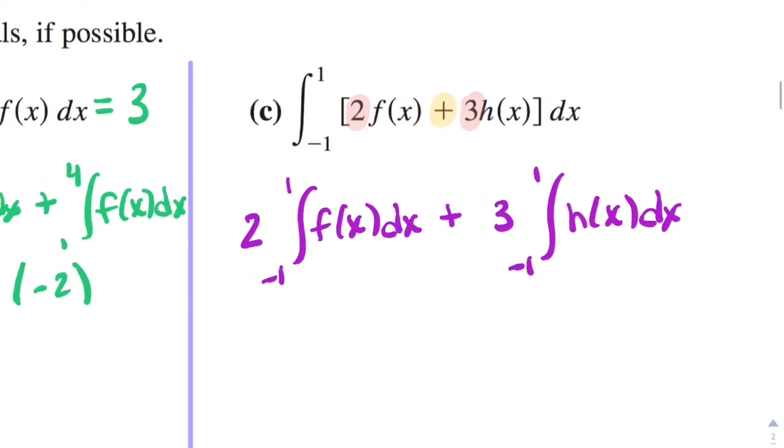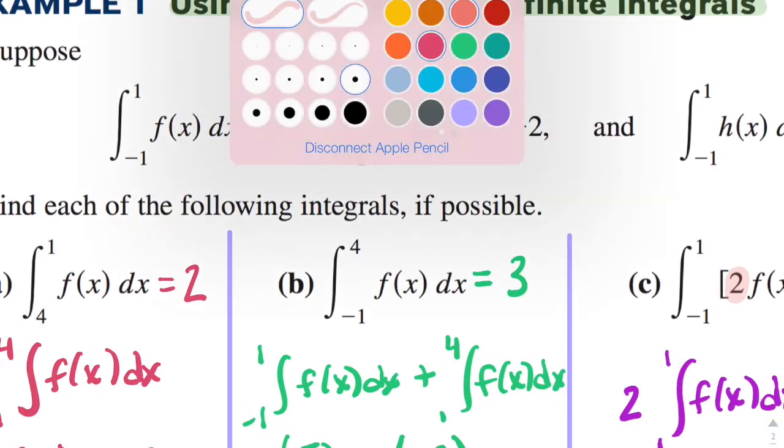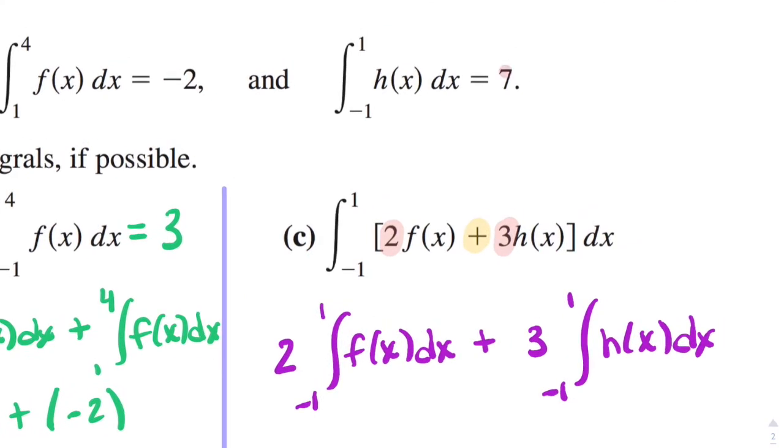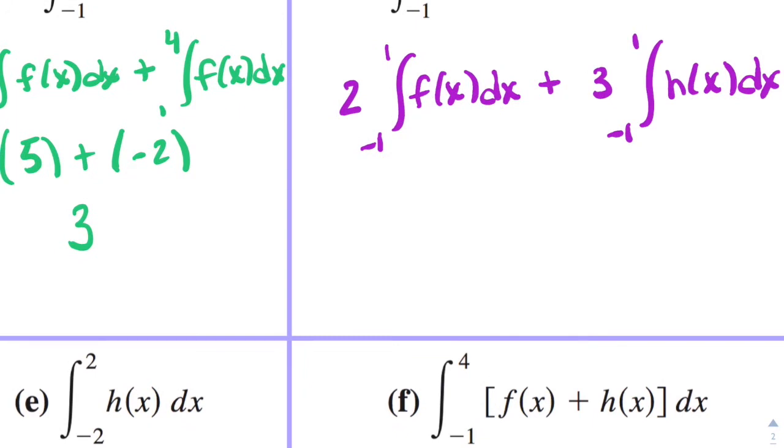Wherever I see the integral from -1 to 1 of f of x dx, I'll put in the value 5. And wherever I see the integral from -1 to 1 of h of x dx, I'll put in the value 7.